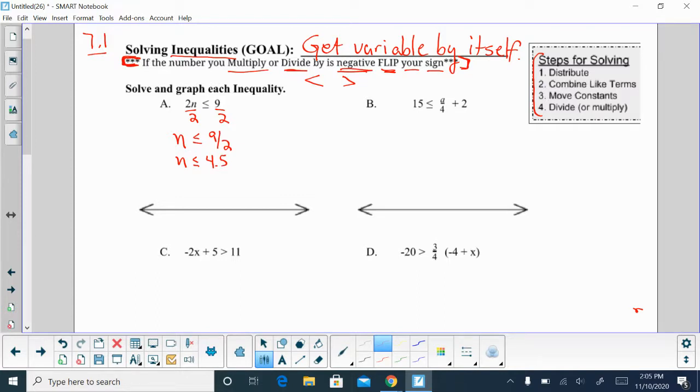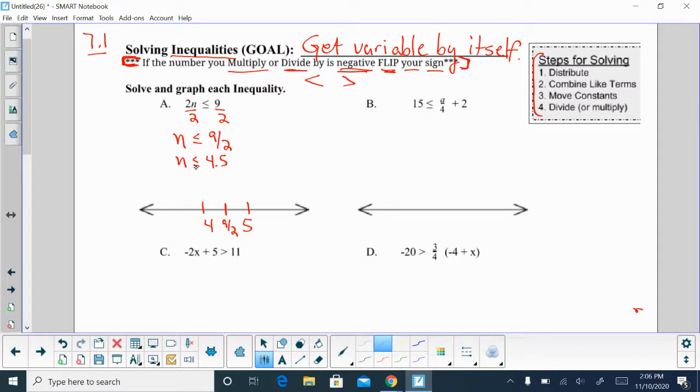So now we need to graph that. So I need the number 4 and I need the number 5, because the point that I'm trying to graph is right here in the middle: 9 halves, 9 over 2, which translates to 4.5. Now I need to actually graph on my number line or shade it.